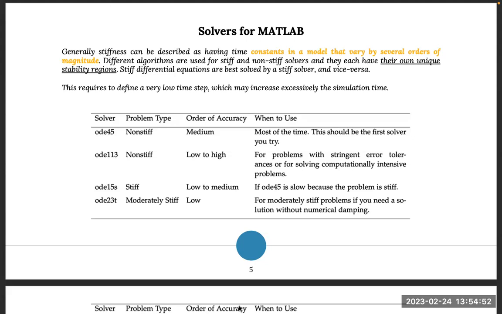So the first thing that we have to take care of is this division of, let's say, stiff and non-stiff systems, and that is going to be a property of our multivariable function, right?